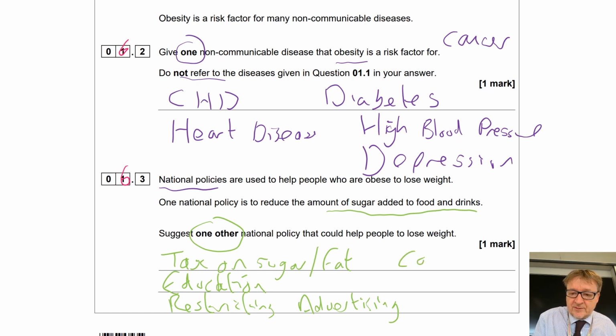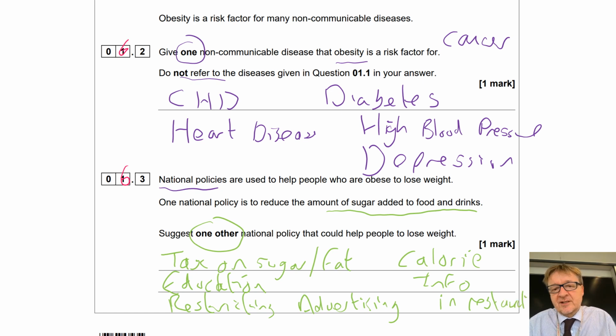One that's quite a good idea as well, you could have calorie information in restaurants. Okay, so you know you go to McDonald's and you see on the back of the pack where it says there's this amount of calories in this, there's this amount of these, right? And generally in restaurants you don't do it. But what you need to do is make sure you are talking about a policy that the government could come in and say this is a national policy that is then going to reduce the weight of people that are already obese.